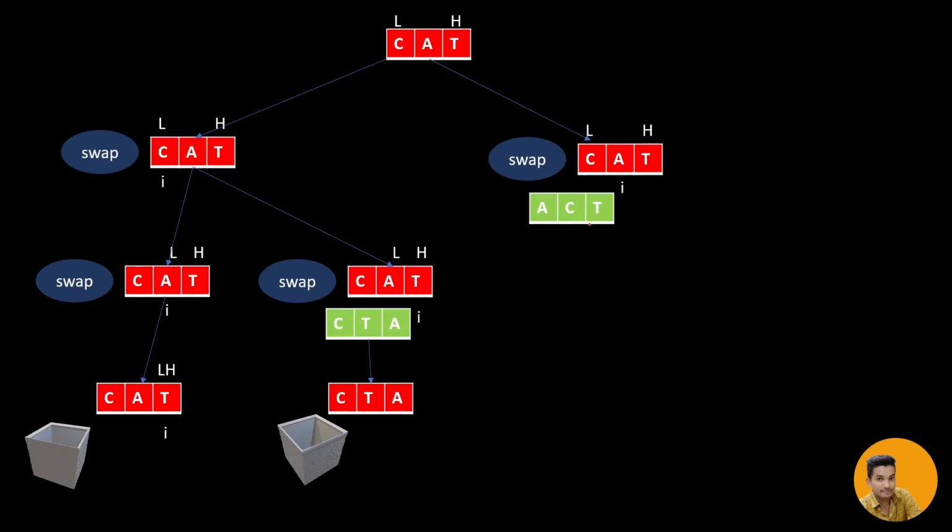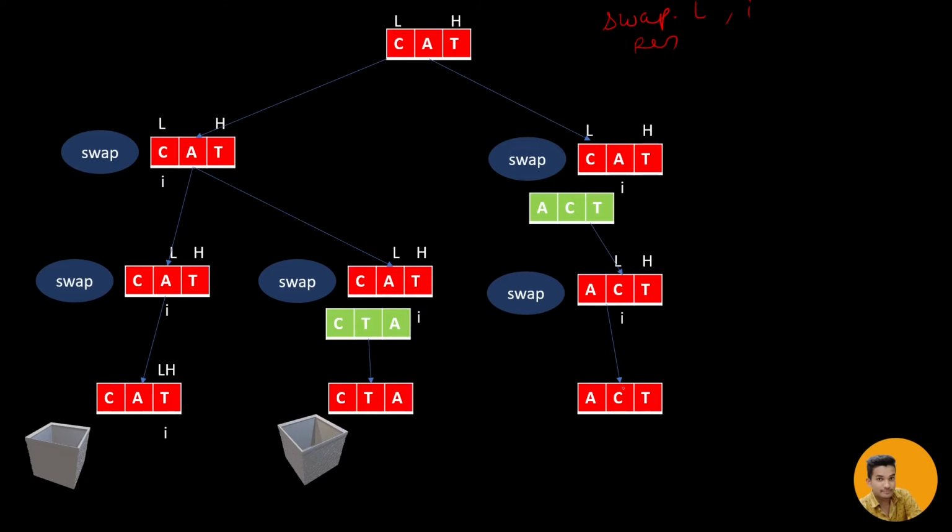Then again swapping is done with low and I, then calling again with low increased and high. I will be here, so swapping will be done again and no new solution is formed. I will put this in the container because at the next step low will be here and I will be here.